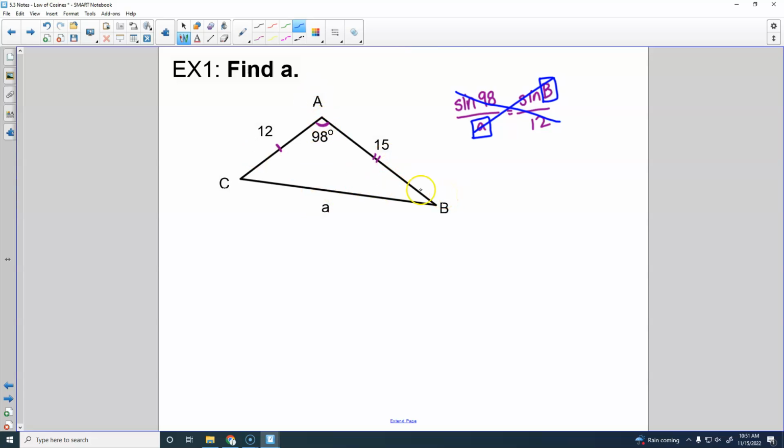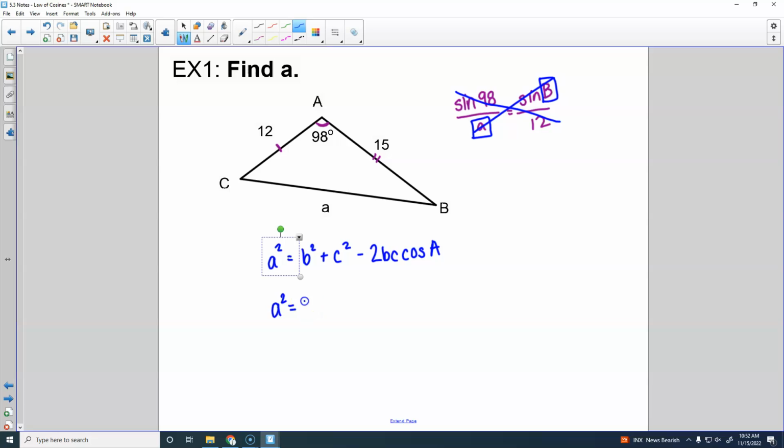So for this particular formula, I know my angle A, which means over here on the end, I'm going to have that cosine A. So the version of the formula we're going to use for this is our A squared equals B squared plus C squared minus 2BC cosine A. So if we plug in what we know, we do not know A, but we're going to plug in B squared.